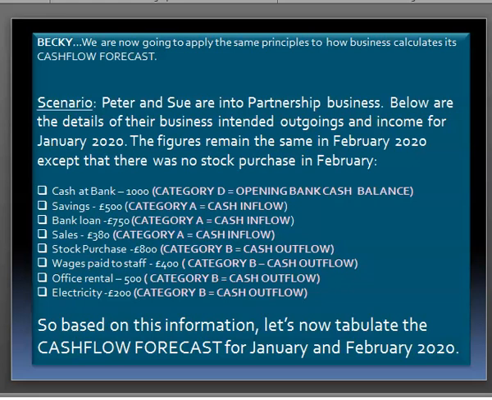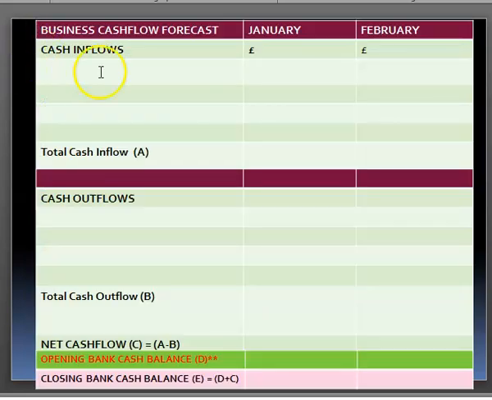And then they have stock purchase £800, wages to staff £400, office rental £500, and electricity £200.